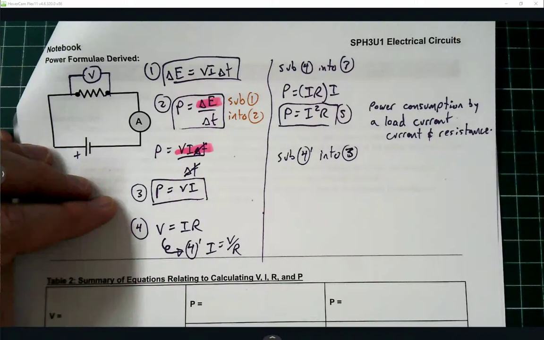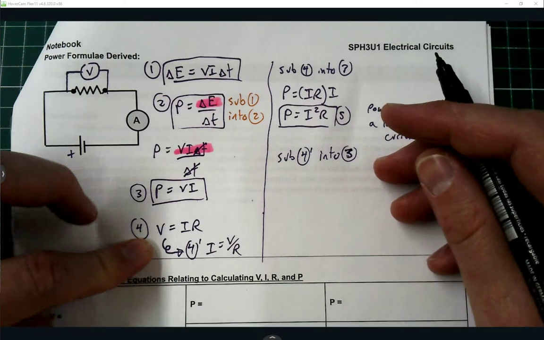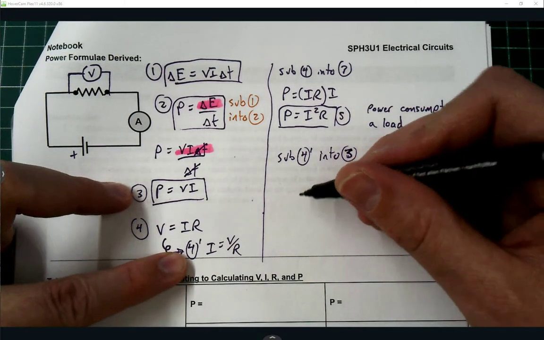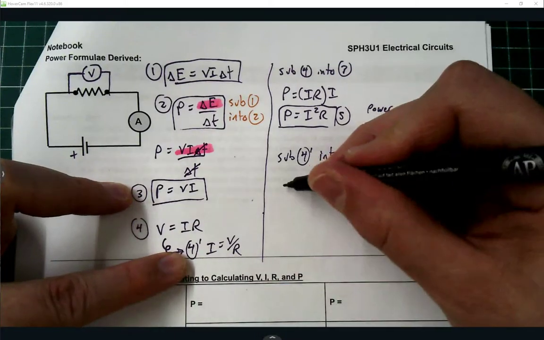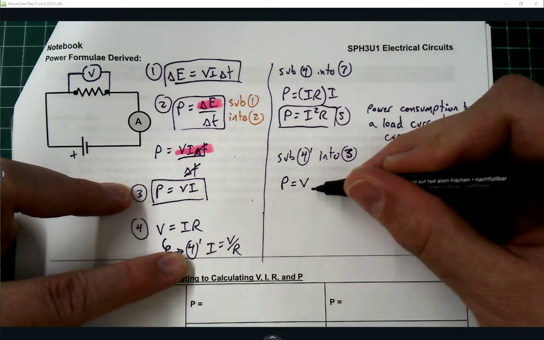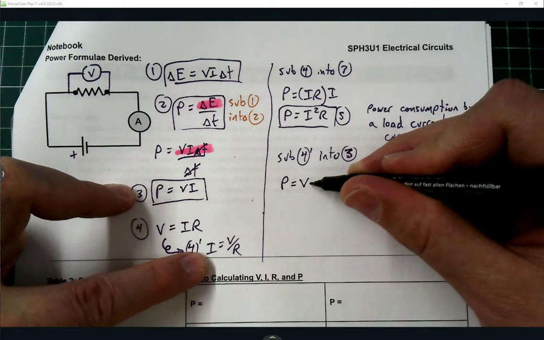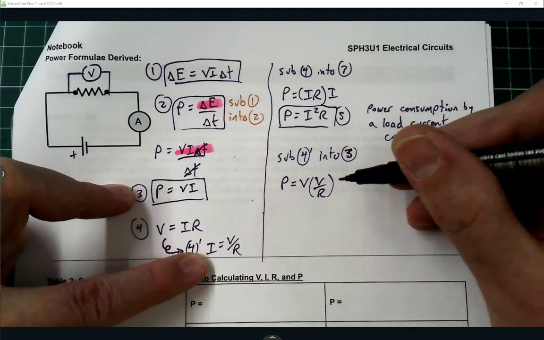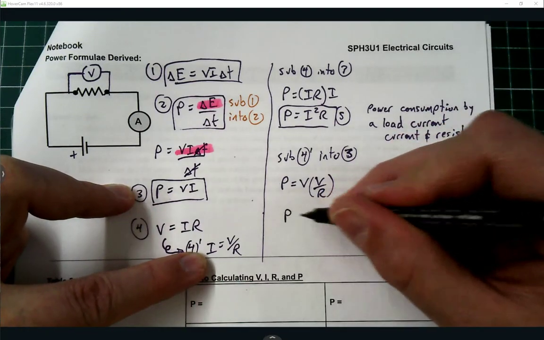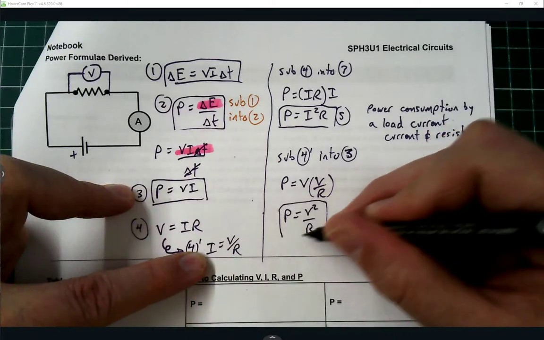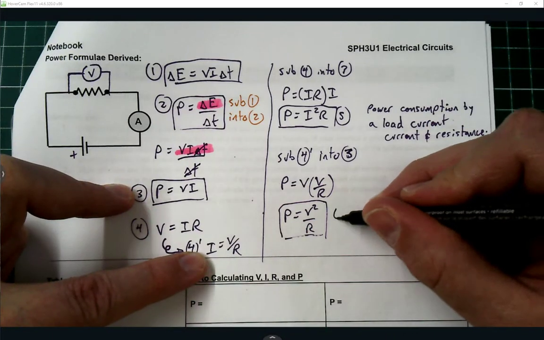If we sub equation 4 primed into equation 3, then instead of I, I'm going to write V over R. So P equals V times V over R. And so that ends up giving us P equals V squared over R. I'm going to put a box around that one as well, and I want to call that one equation 6.